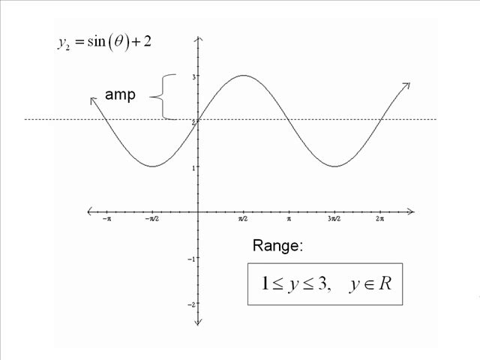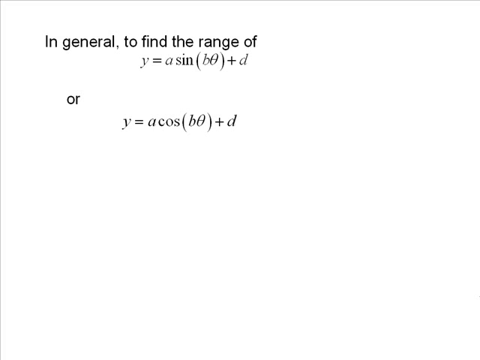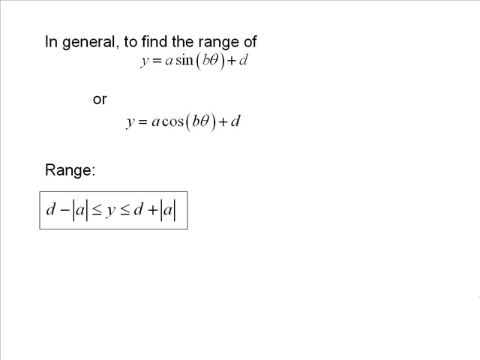Unfortunately, not everything is going to be as simple as this particular graph. So we can use a formula. Anytime you're dealing with a sinusoidal wave, that is a sine b theta plus d, or a cos b theta plus d, where the d is your vertical translation, there is a little formula that will always work it out. If you need to find the range, and it's getting out of hand on you, we work it out by d minus the absolute value of a for the lower limit, and then the upper limit would be d plus the absolute value of a, and then y would be all the values in between.